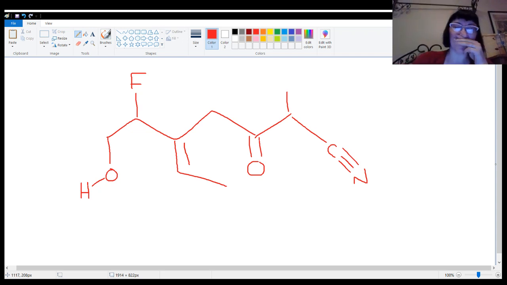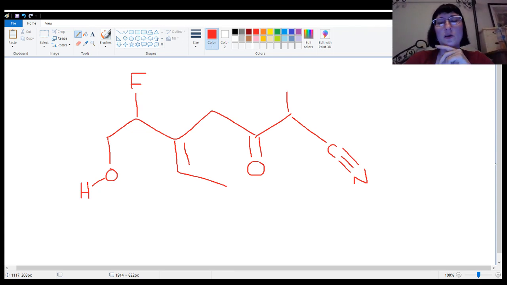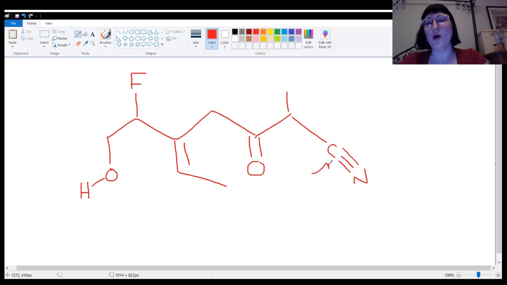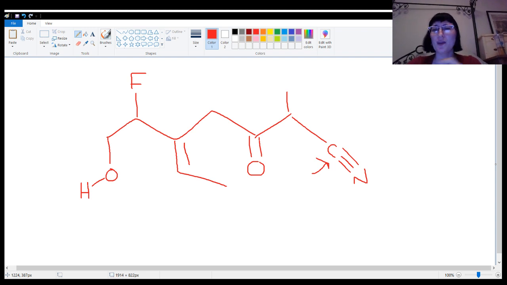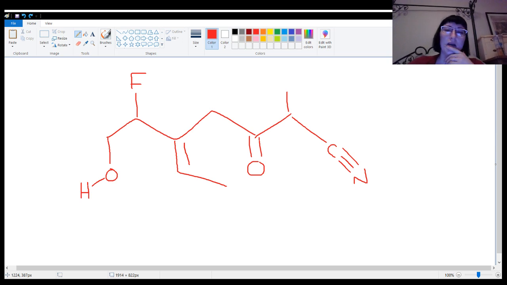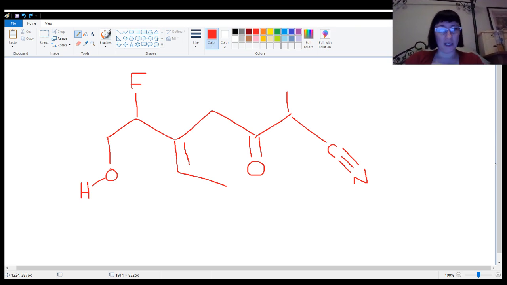Yeah, I'll leave it like that. Every time I have this type of functional group, called a cyano group or a nitrile, I always draw the carbon part out, almost always. You don't have to. If you're looking at this like, why does she draw that? It's because I'm quirky like that.